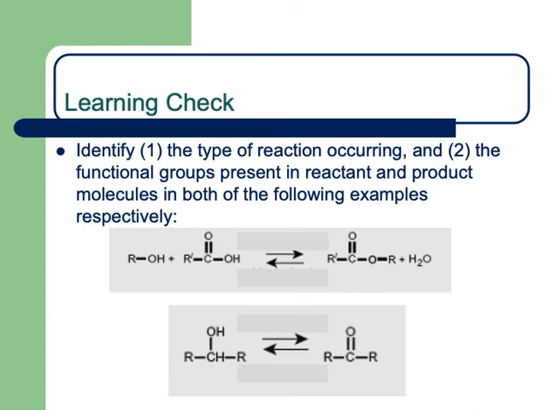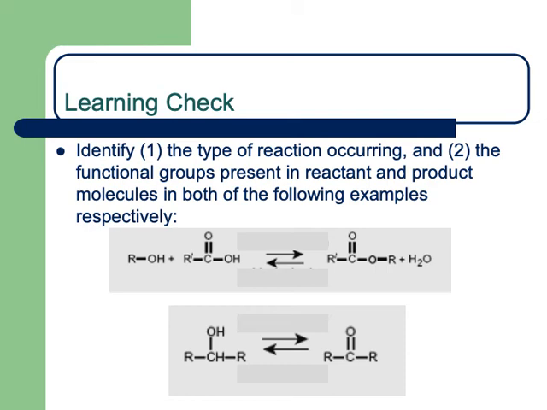Again, this reaction is moving from the left to the right. So we have two molecules undergoing a reaction. Now we have one single molecule with water removed. Have a think about that. The second reaction, we have one molecule going to one molecule.